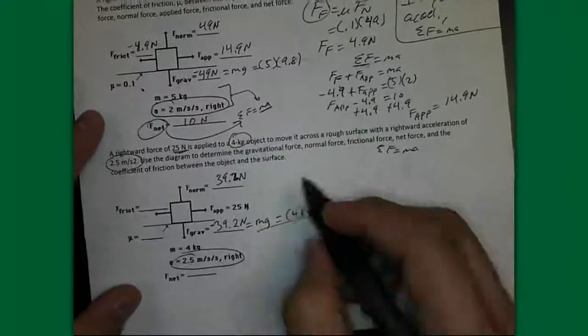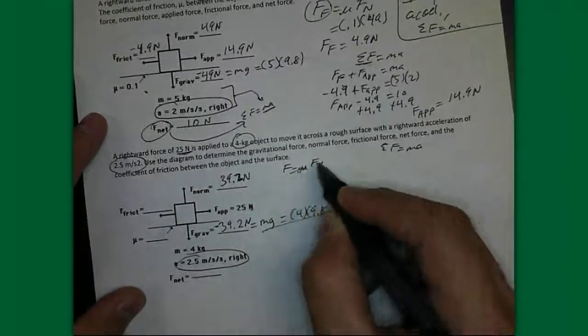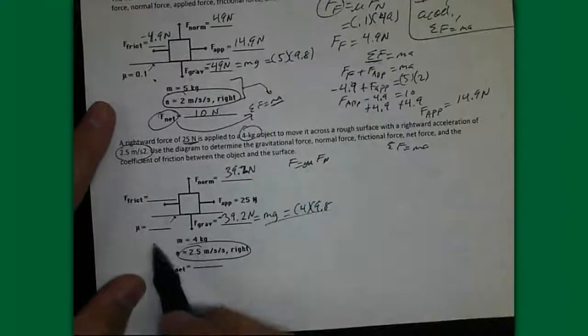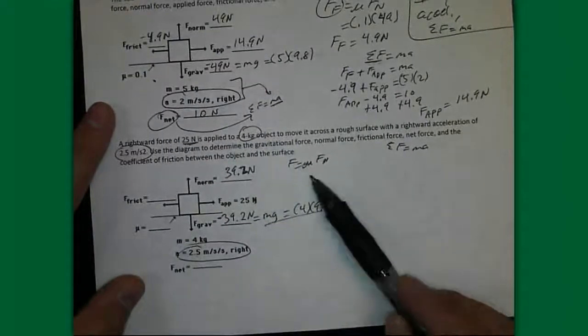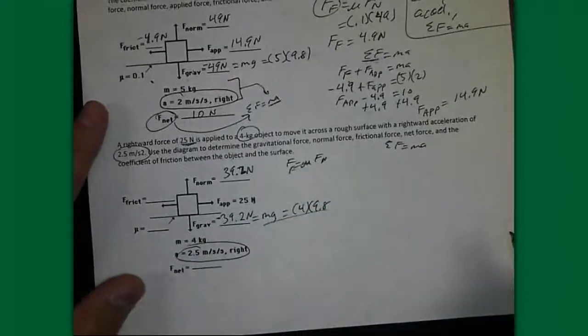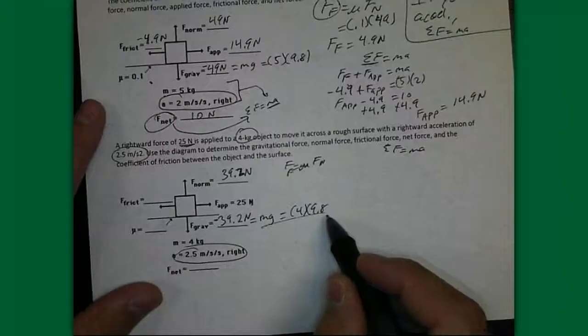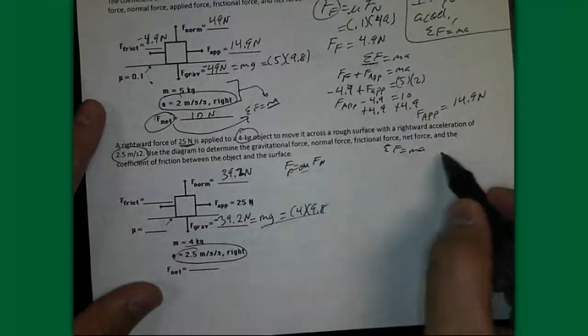Friction equals mu times the normal force is not what I'm going to be using right now. I will eventually, because I've got to find mu, but I have to have the normal force and the force of friction first to do it. I've already used Fg equals mg. I can't use this one yet. This is the only one left for me.